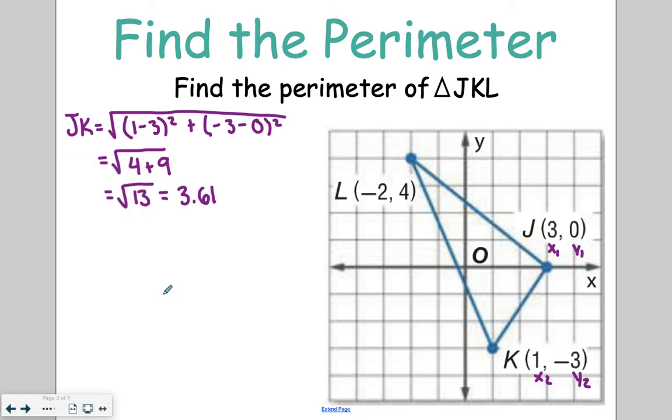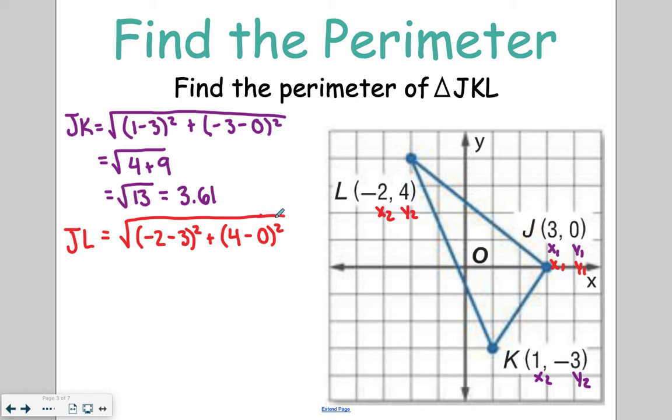Next, I'm going to look and find side JL. Again, I'm going to label my points x1, y1, and x2, y2. We're going to plug into the distance formula, and when I do that, I'm going to get x2, which is negative 2, minus x1, which is 3, squared, plus y2, which is 4, minus y1, which is 0, squared.